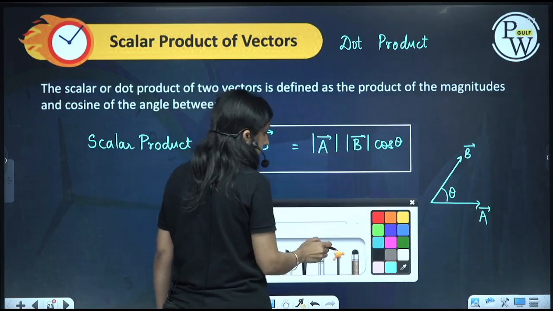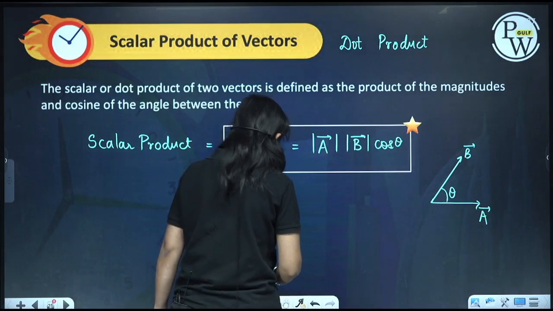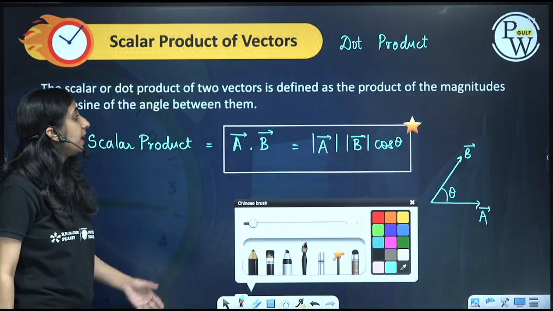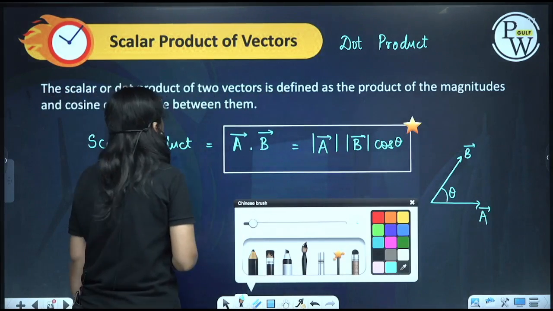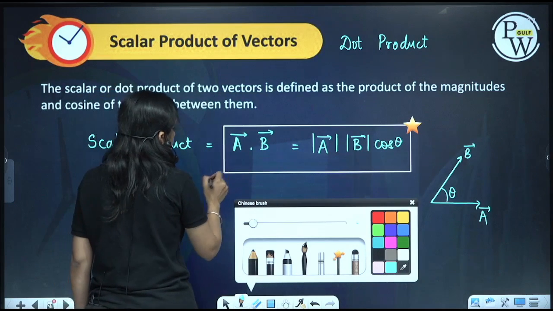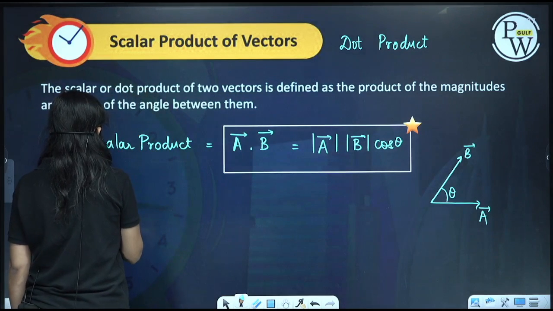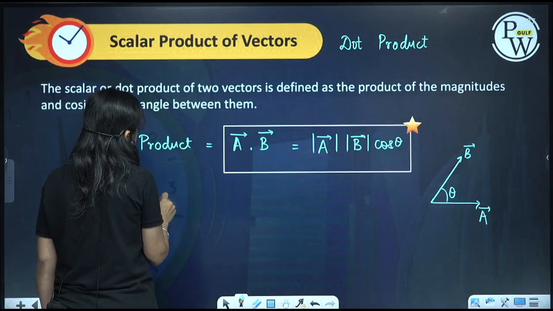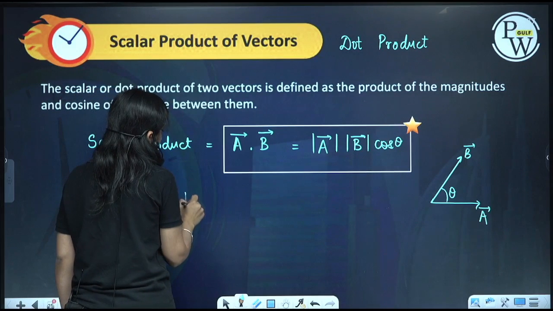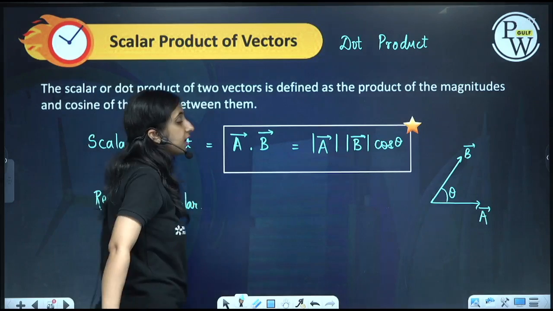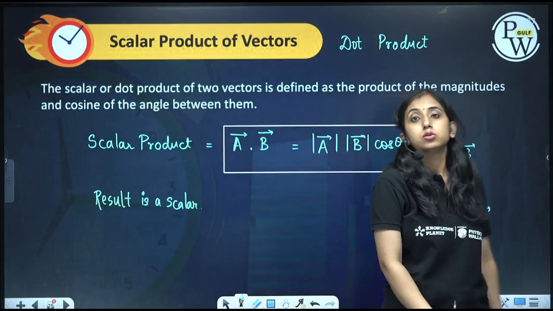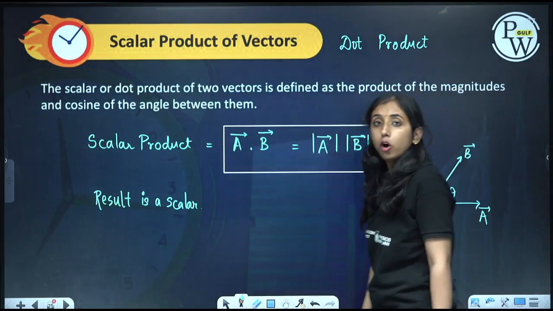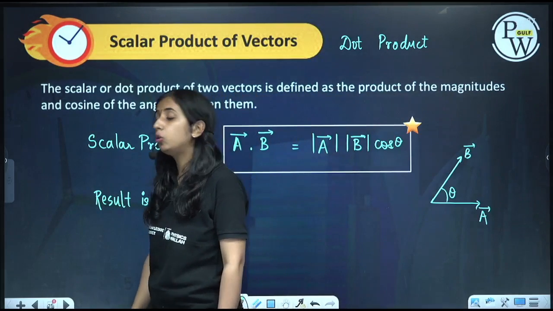This is called the scalar product. The result is a scalar. After multiplying two vectors, we are getting a scalar number.